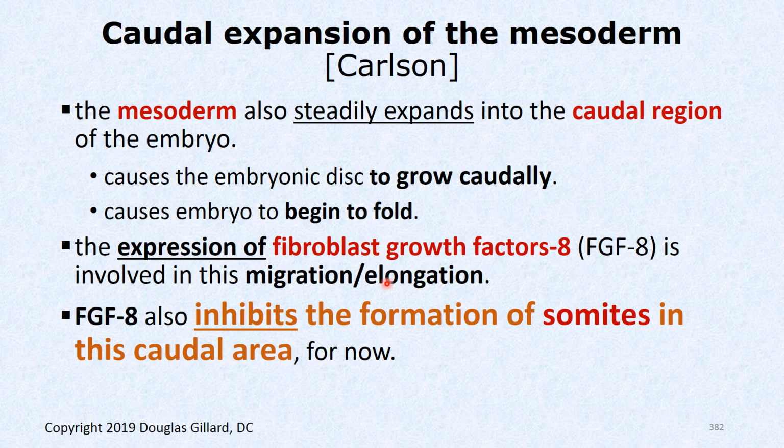This FGF8 is also important because you don't want somites forming in the paraxial mesoderm down that way. They form from cranial to caudal direction, and so FGF8 inhibits somites from forming where they're not supposed to form. You get some horrible birth defects if there's something wrong with your FGF8 gene. So we'll leave it at that for now.